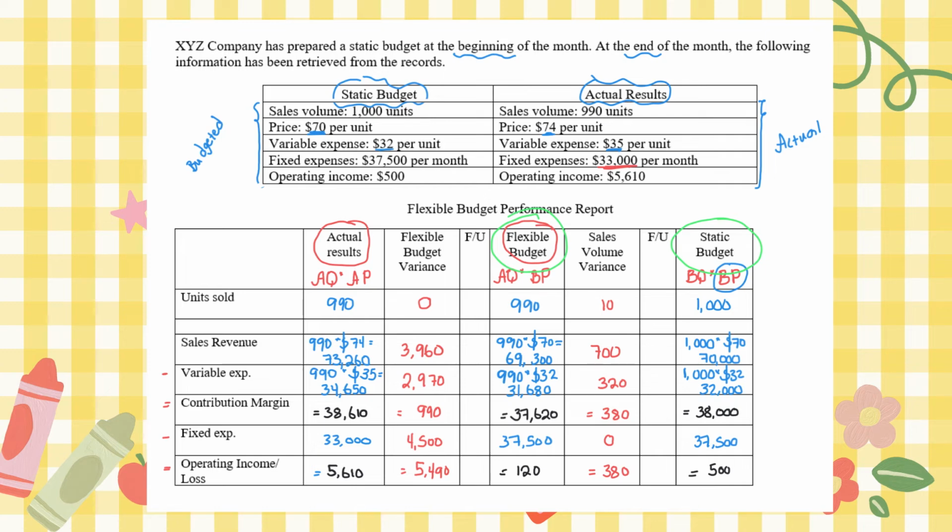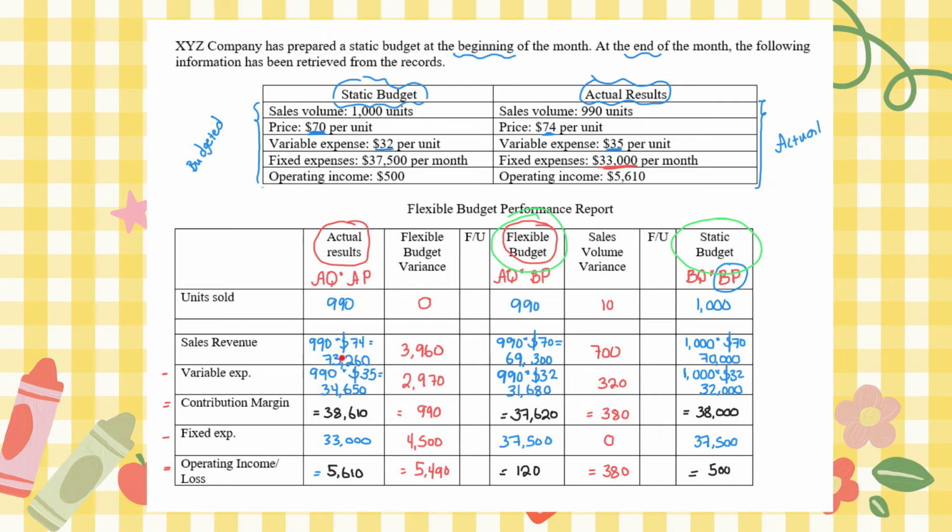Okay, now for the units sold, I expected to sell 990, but I sold 990, so there is no difference, so it's not gonna be favorable or unfavorable. Here, for the sales revenue, I expected to get 69, I get 73.